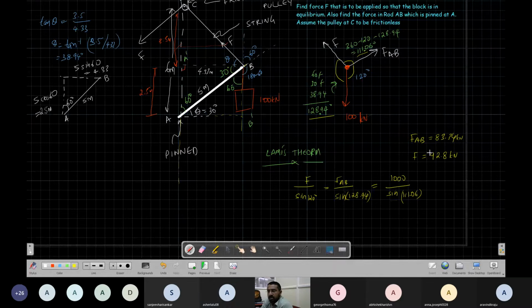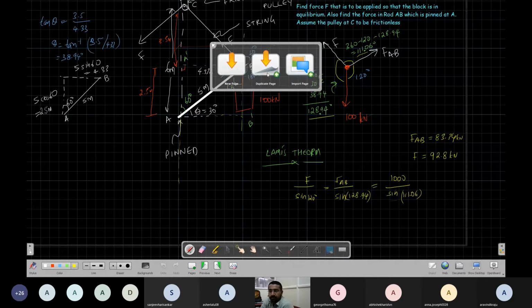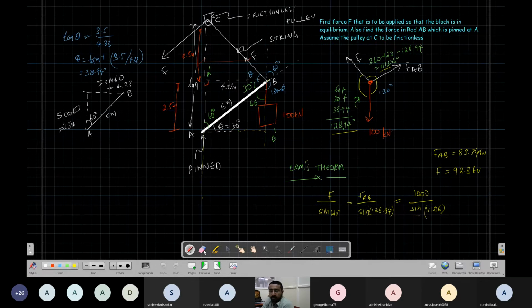Now how do I check whether it is correct? You can do many things, but we will not go into that. This is one way of doing it. There is another way of doing this entire problem, and I'll show you how. I'm duplicating this page and erasing these things.